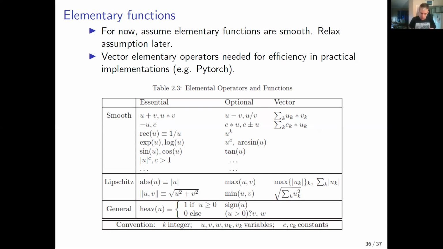To interact well with modern hardware, it's necessary to perform vector operations. Given that, it's highly desirable to have an automatic differentiation framework whose primitive elementary functions are in fact vector functions. That's what modern AD frameworks do, like PyTorch, etc.